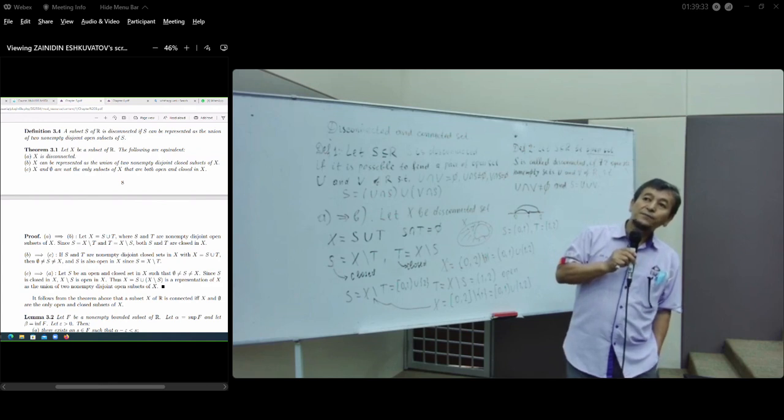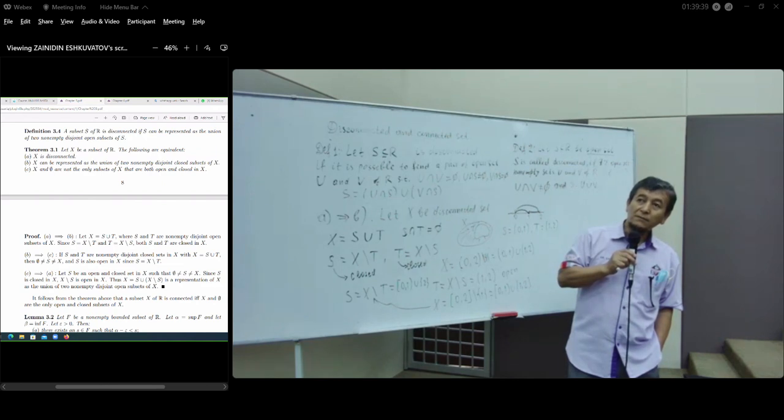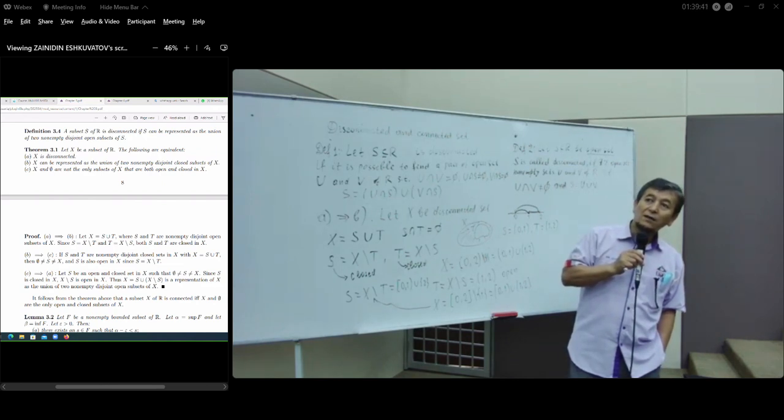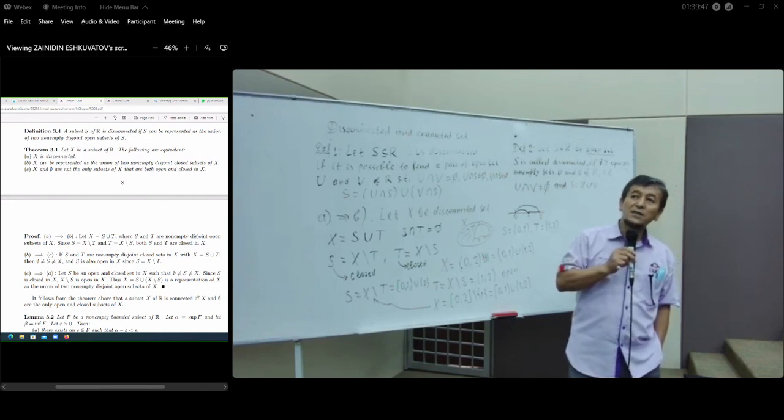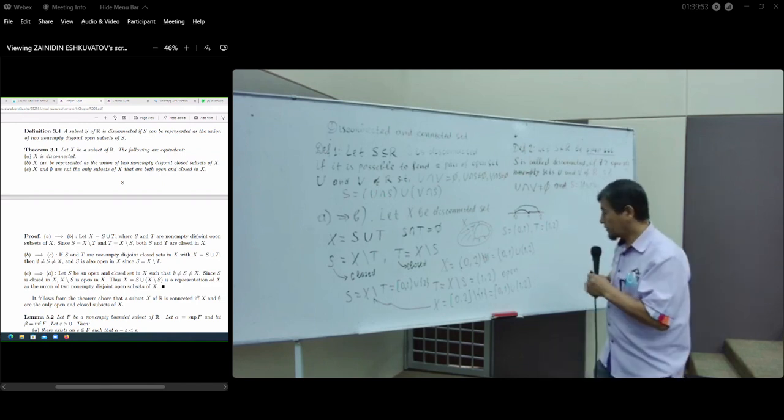T is an open, non-empty set. Closed set, closed set, then S equal to X minus T is a closed set. I think that one is correct.